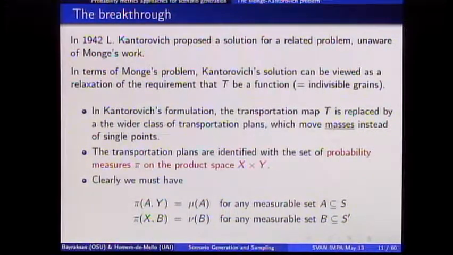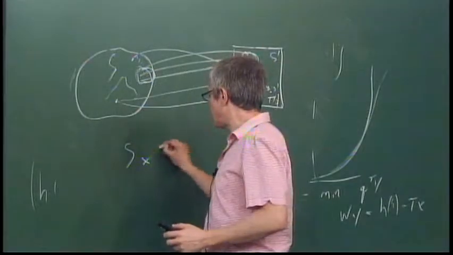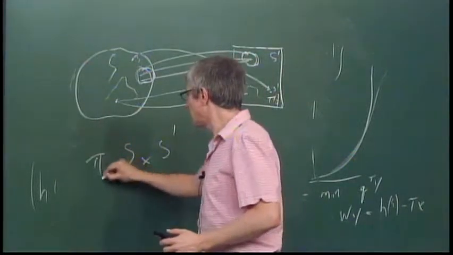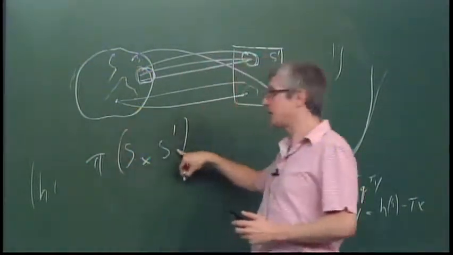So in the Kantorovich problem, what one gets is you can identify this transportation plan. Instead of having a transportation map, now we call this a transportation plan. You can identify this with the space of product measures on the space S and S prime. We are looking at measures on the product space.